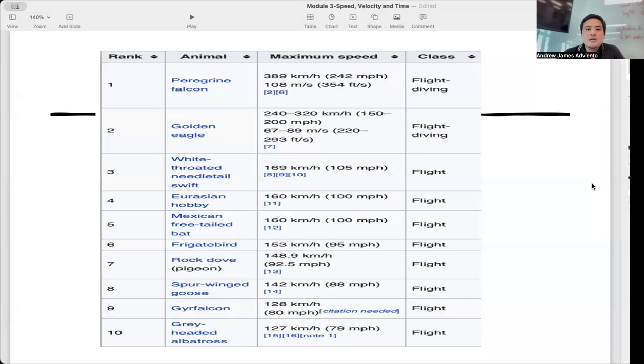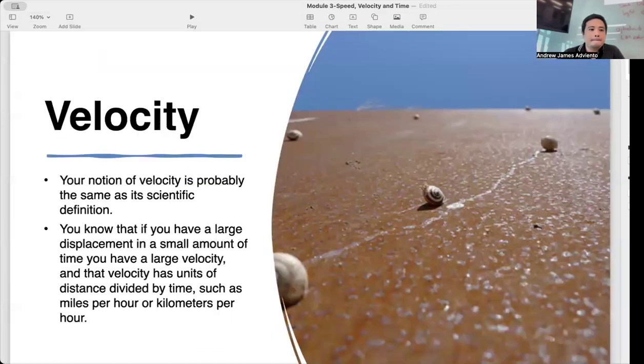Let's go now to velocity. Velocity includes both speed and direction. If you move fast but change direction, your velocity changes. This is why velocity is more specific than speed, because it answers the question, how fast and in what direction?